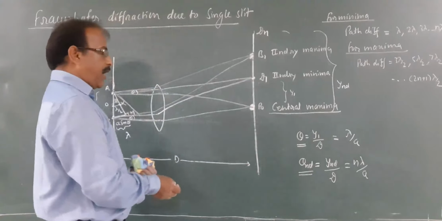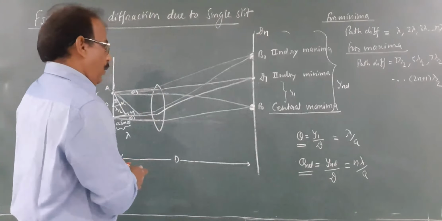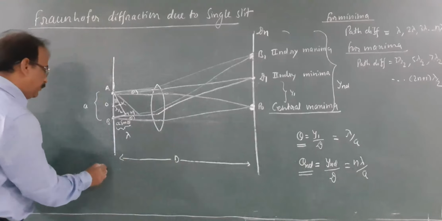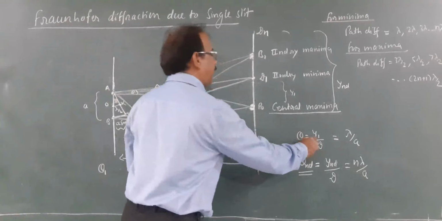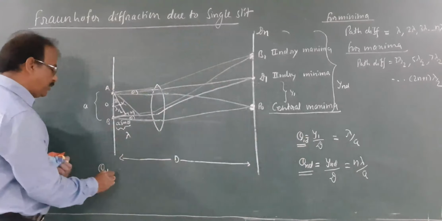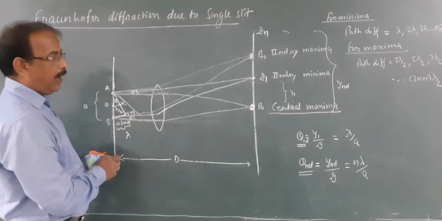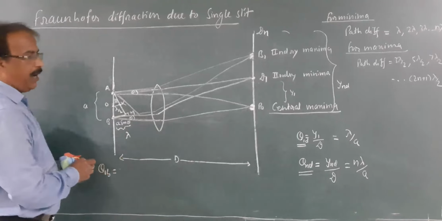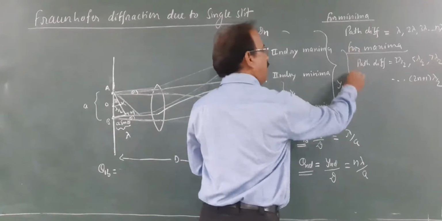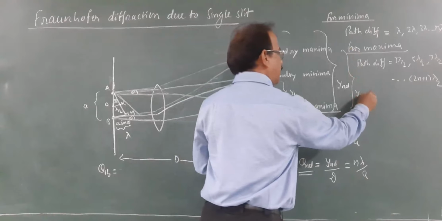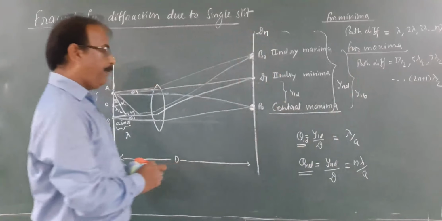For secondary maxima, what is the angular width? Suppose theta 1d means first secondary minima, and theta 1b means first secondary maxima. Suppose this is the distance of first secondary maxima from center point.